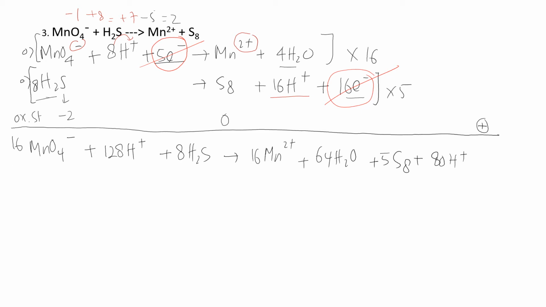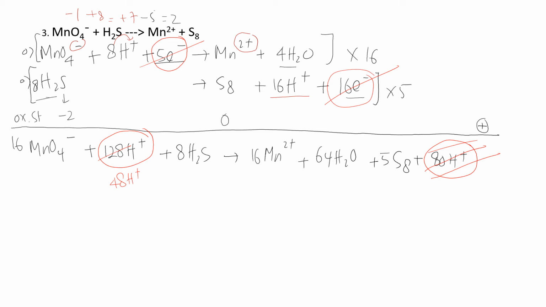Here we have 128 H plus on the left and then 80 on the right. Then we cancel out, use up all. Here the rest is 48 H plus.